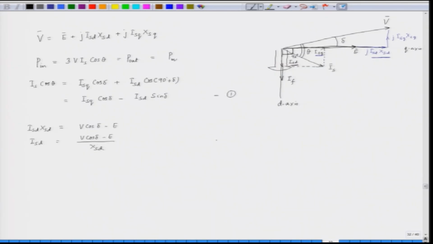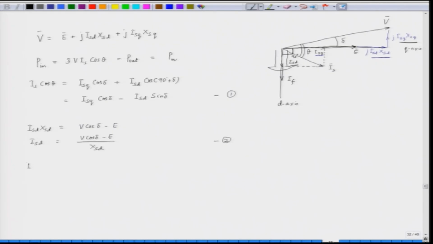Now, we have equation 2 which has got I S D. Similarly, I S Q is appearing at this phasor. So, this is our I S Q x x q drop. If we take the projection of V along this axis, that will be V into sin delta.